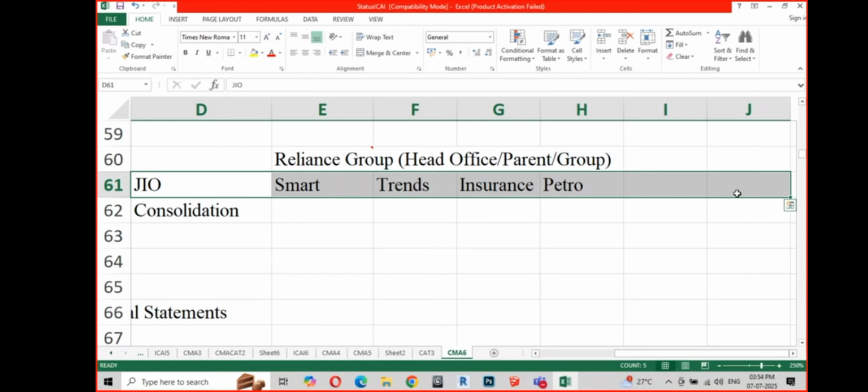He reports the results of all the businesses of Reliance. Are you getting my point? So this is called the consolidation.